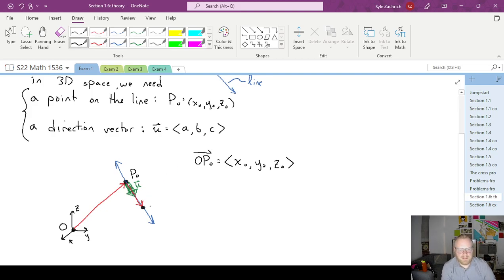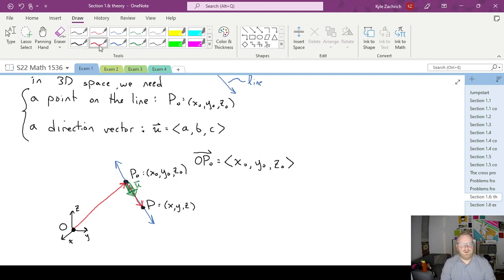And the point that I reach here, just like the plane had a generic point P, I'm going to talk about this as a generic point on the line. So P is equal to x, y, z. Here's x naught, y naught, z naught. This is x, y, z.